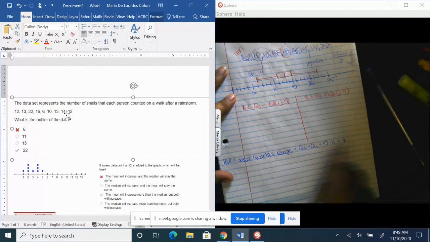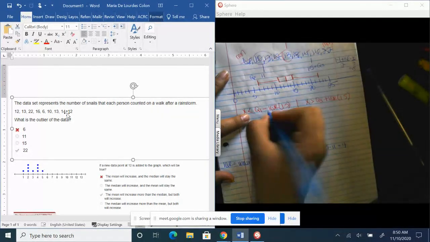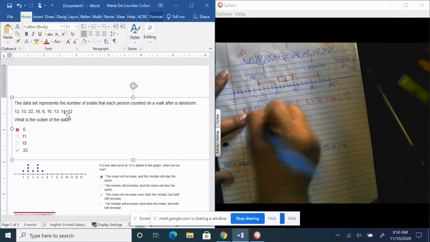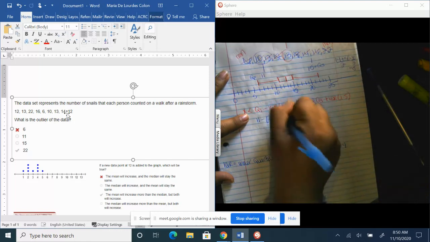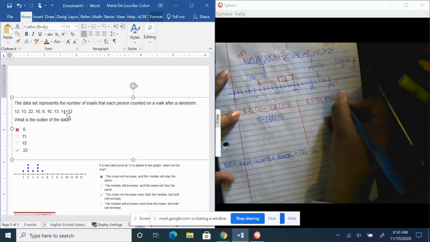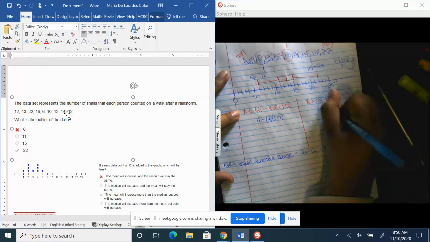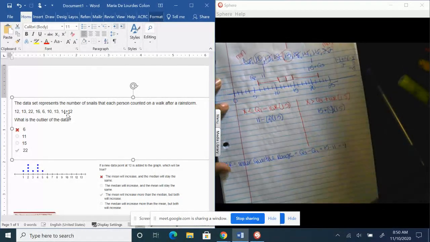So your IQR is always going to depend on which numbers you're working with. So for this example, it's 4. So now here, Q1 is 11 minus the IQR, which is 4, times 1.5. Over here, Q3 is 15 plus 4 times the IQR, which is times 1.5.